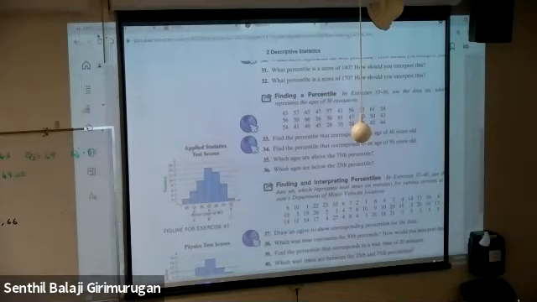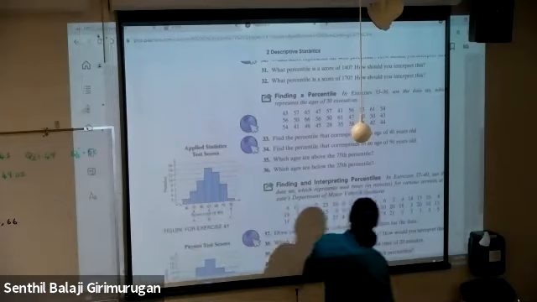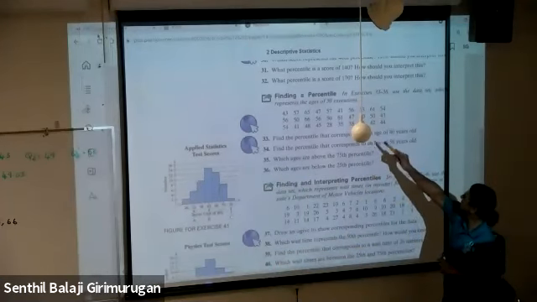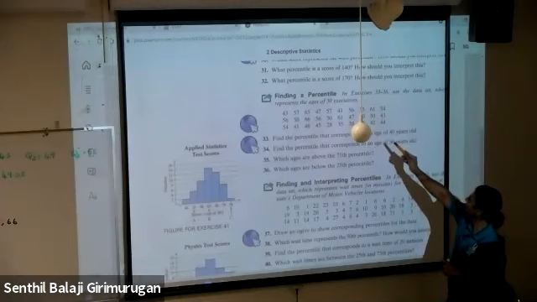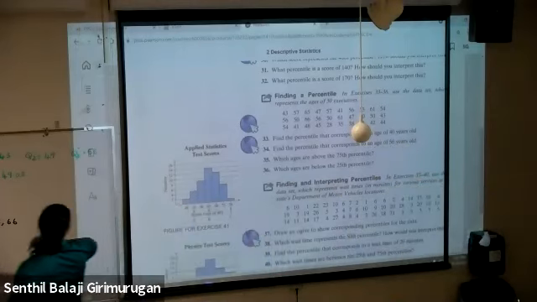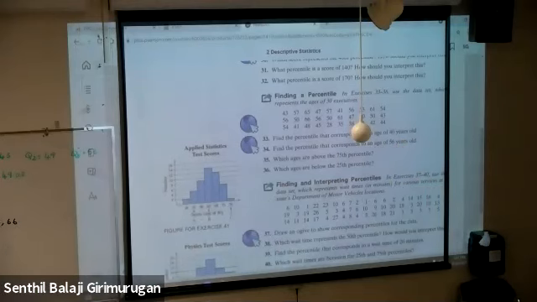Likewise, which ages are below P25, which is 43? Let's see. 28 is one, 35, 38, 40.